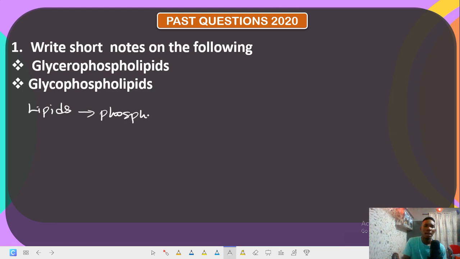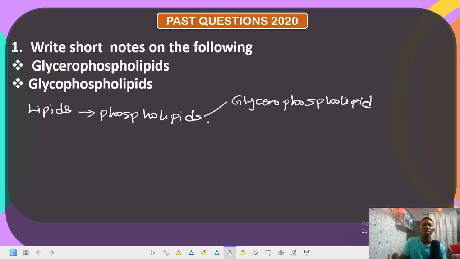That is under complex lipid. Now we said the phospholipids are classified into two. We have the glycerophospholipids, and then we have glycophospholipids. Now let's write the short note on glycerophospholipids.